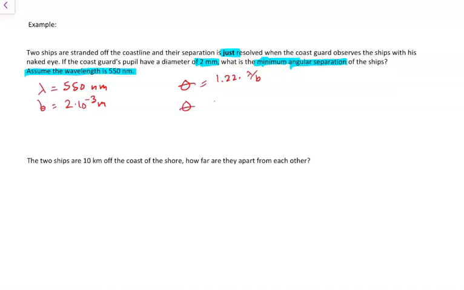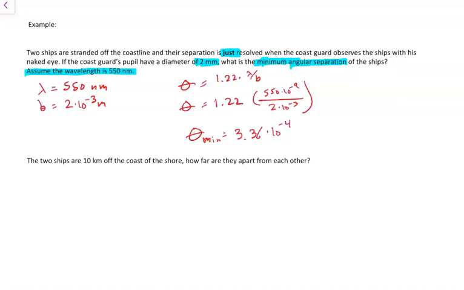So I have theta is equal to 1.22 times 550 times 10 to the negative ninth divided by 2 times 10 to the negative third. And this minimum angle that we found is equal to 3.36 times 10 to the negative fourth.